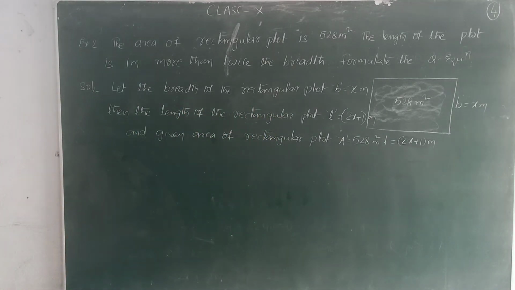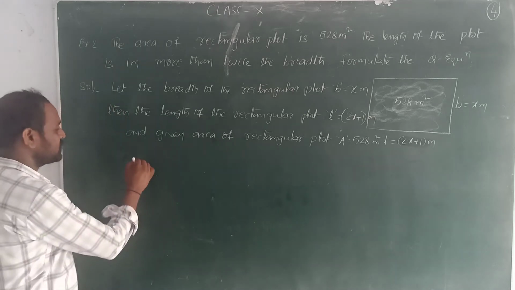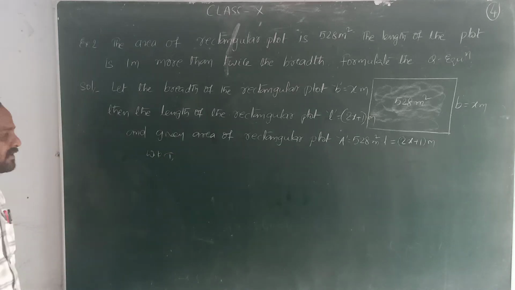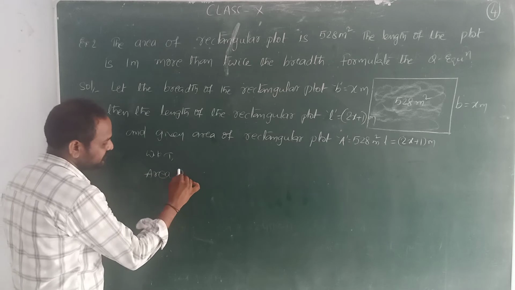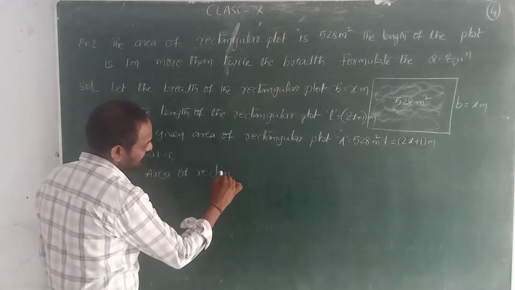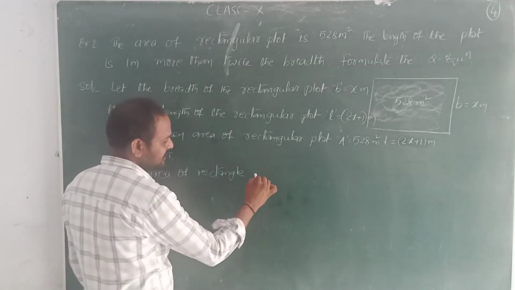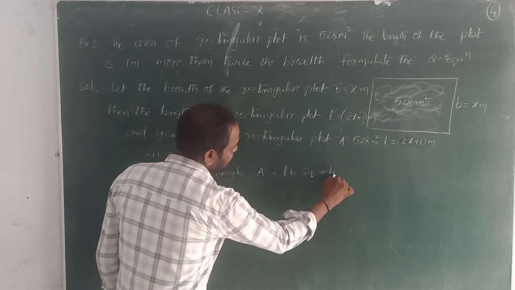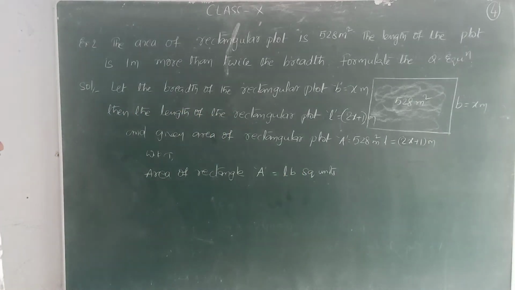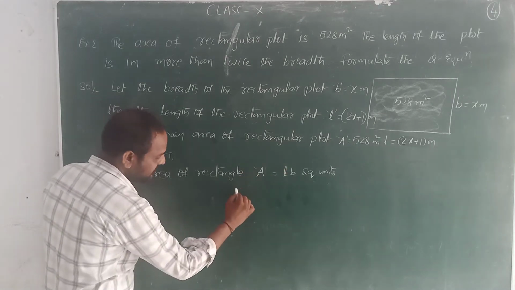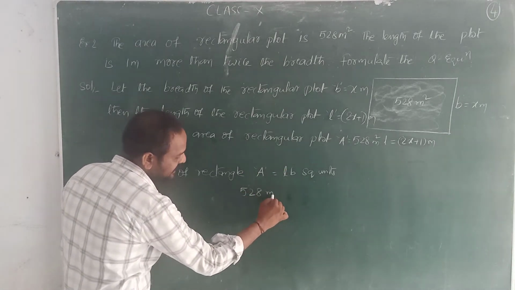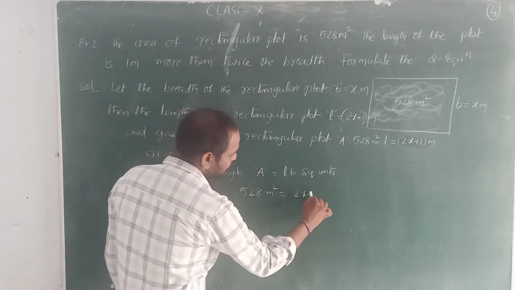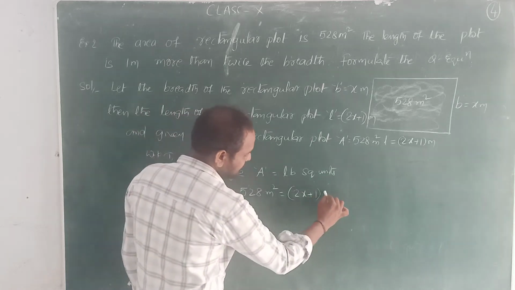So we need to formulate the quadratic equation. What is the formula for finding the area of a rectangle? Area of rectangle A is equal to L into B square units, length into breadth. So here, 528 meter square is equal to the length 2x plus 1 and the breadth x.